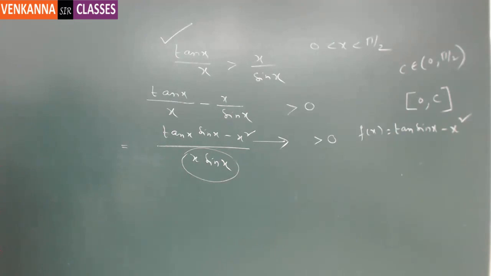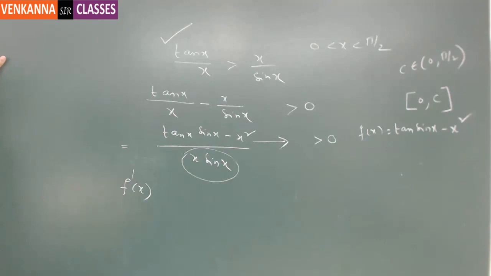Right. Now, how to prove that it is greater than 0? I am going to take the derivative. I need to prove that f dash of x is greater than 0, then f becomes an increasing function.